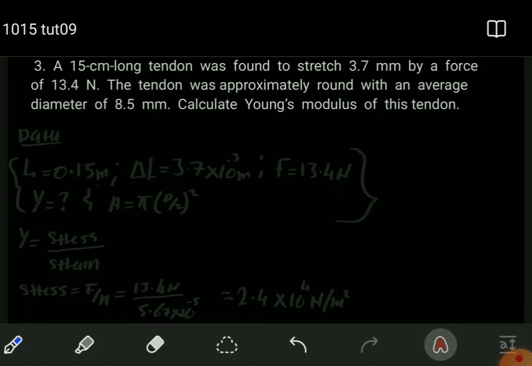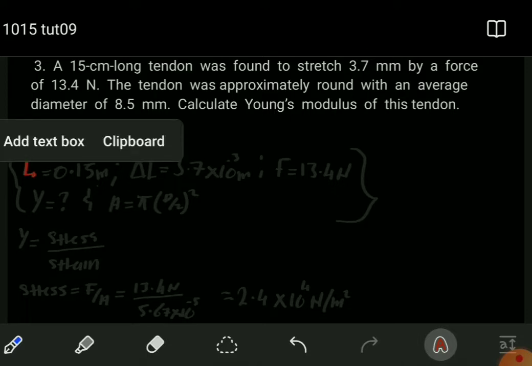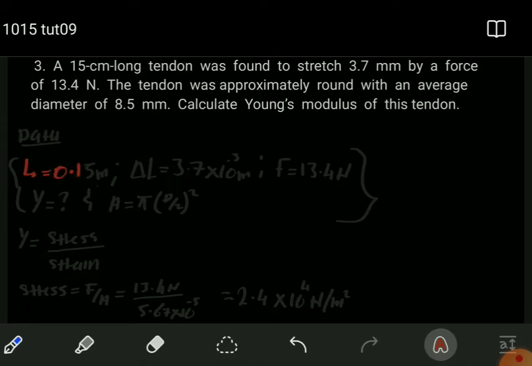Let's look at the data that we're given. We have the length of the tendon, which is 15 centimeters. Converted to meters, we have 0.15 meters. The extension of the tendon is given as 3.7 millimeters. Converted to meters, we have 3.7 times 10 to the minus 3 meters.